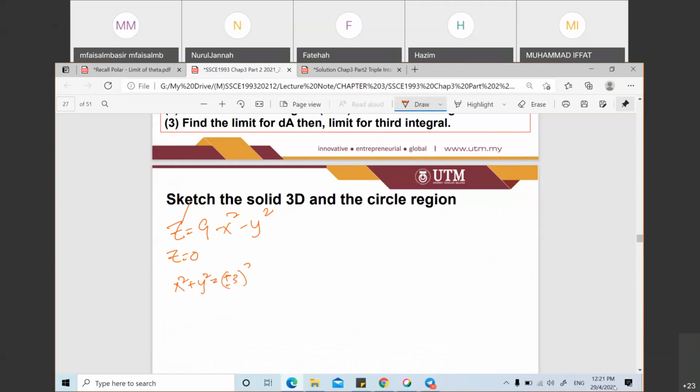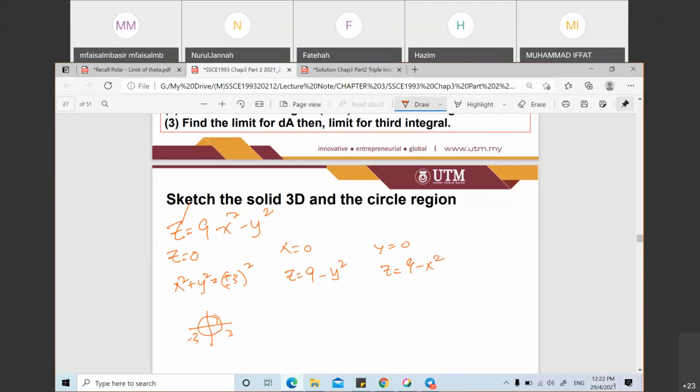And when x is 0, which is the yz plane, you have z equals 9 minus y squared. And then when y is 0, you have z equals 9 minus x squared. Okay, what is this actually?